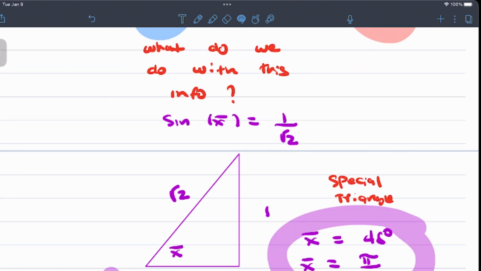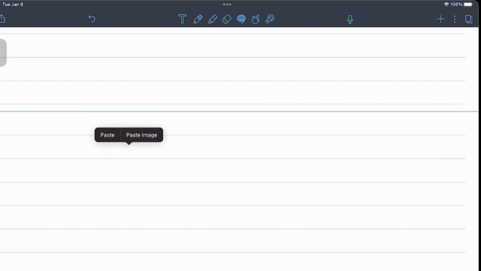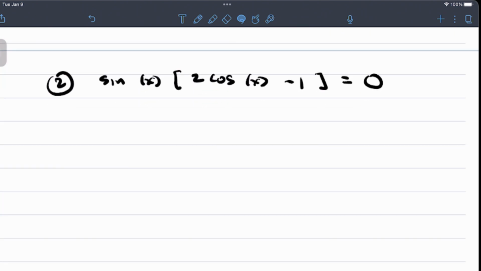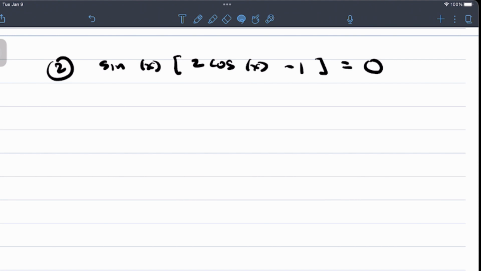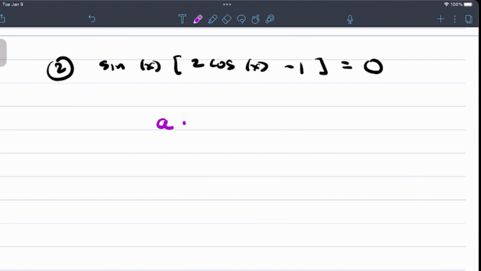Let's do some algebra here. Okay, now what algebra do we use here? Do you guys remember? Let me share with you guys some algebra here, okay?